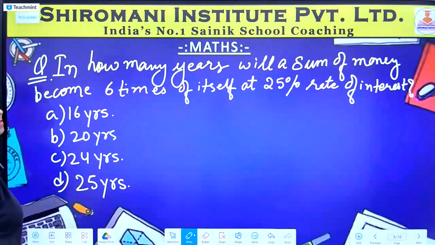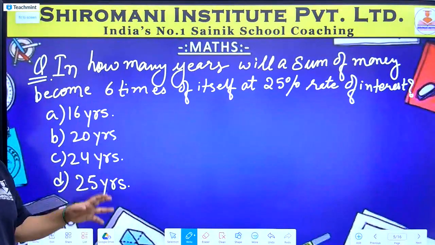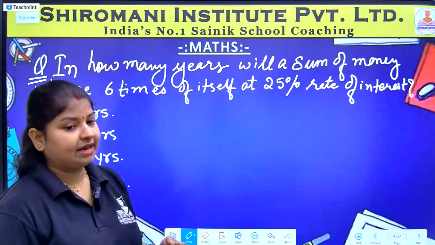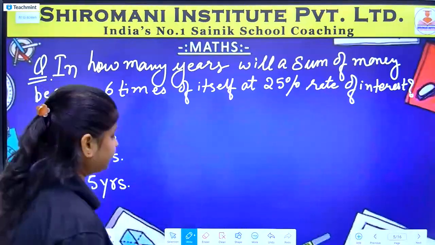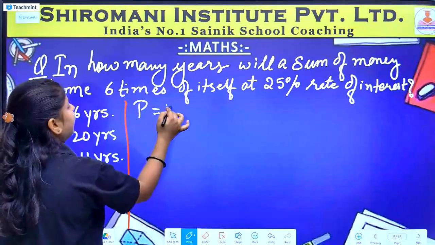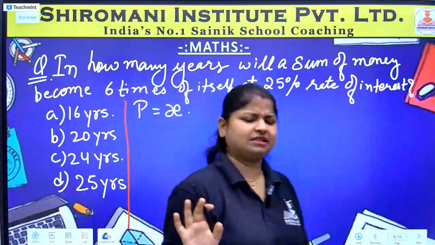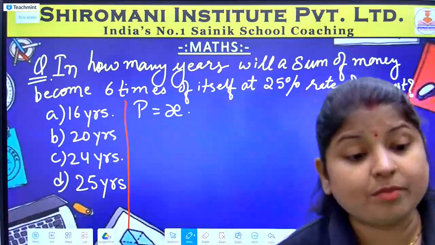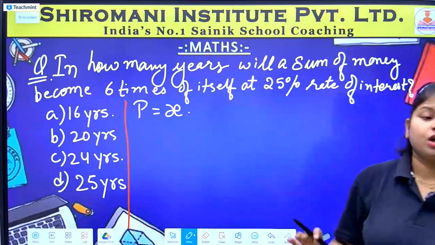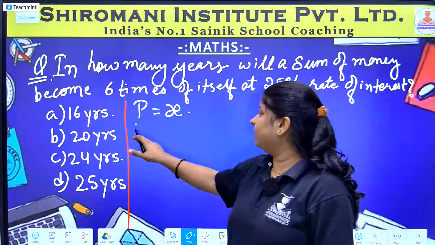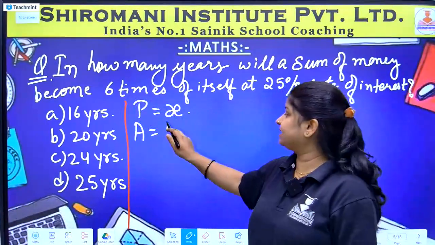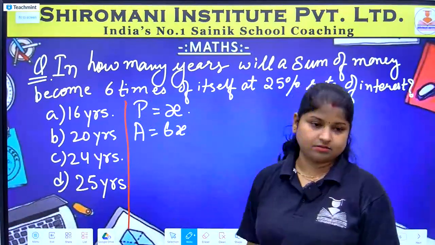How many years is being asked of me? And in the question it's mentioned, whatever the sum of money is, it becomes 6 times of itself. I don't know what my principal is, so I will assume my principal to be X. If my principal is X, beta, the amount will be how much? 6 times means 6 into X, that is 6X.